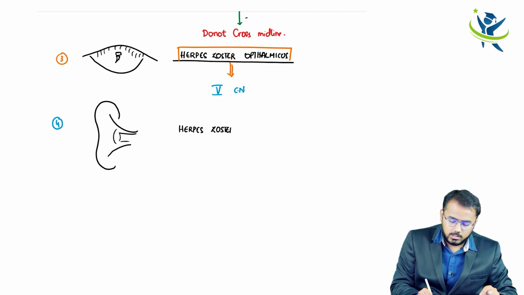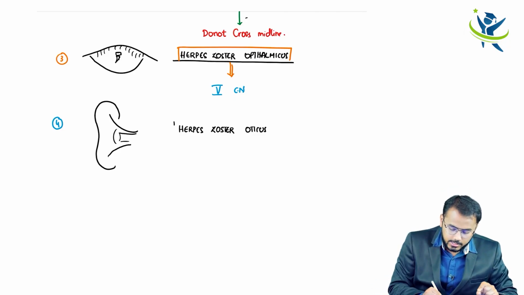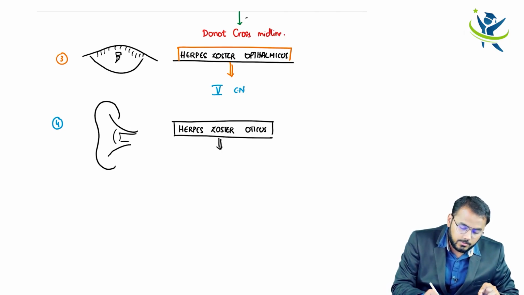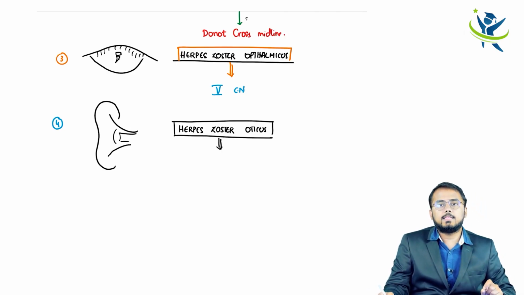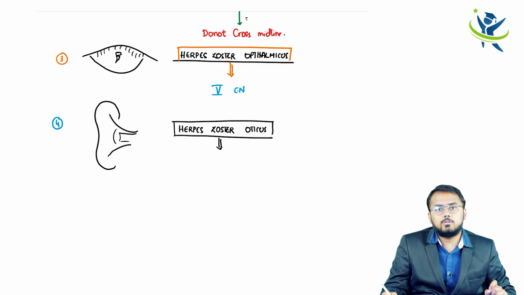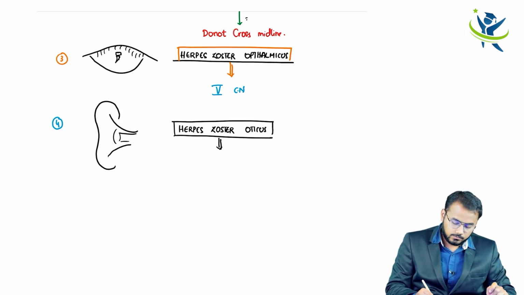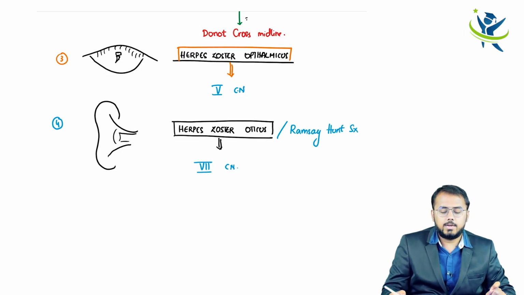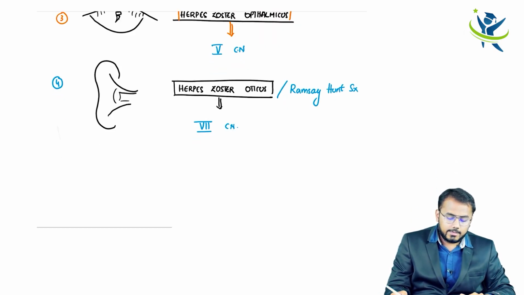Which pair of cranial nerve is going to be affected, guys, in herpes zoster oticus? That is the eighth pair of cranial nerve, your vestibulocochlear nerve, and this condition is also called Ramsay-Hunt syndrome.